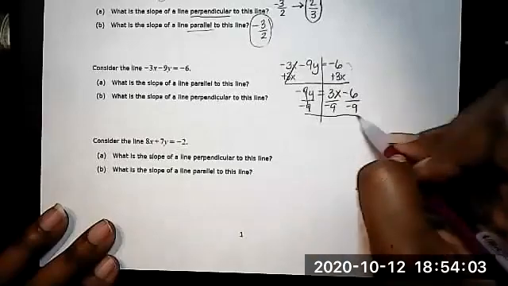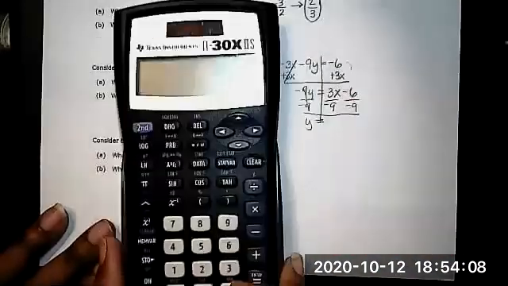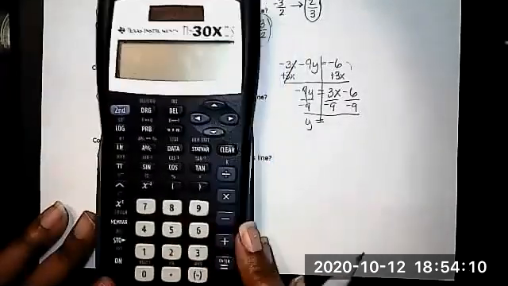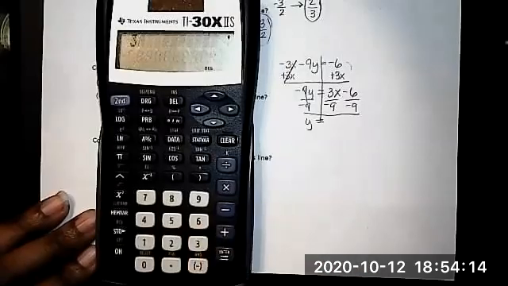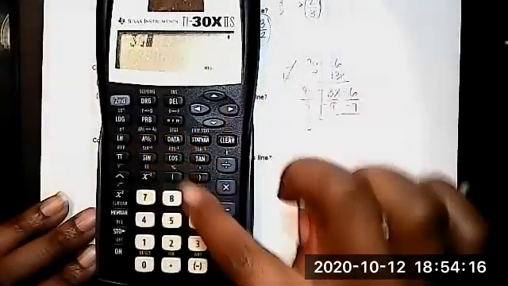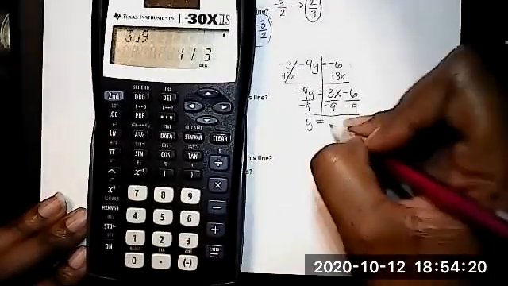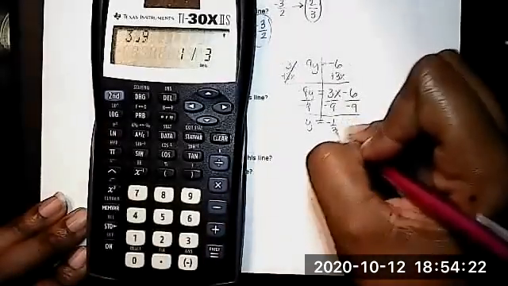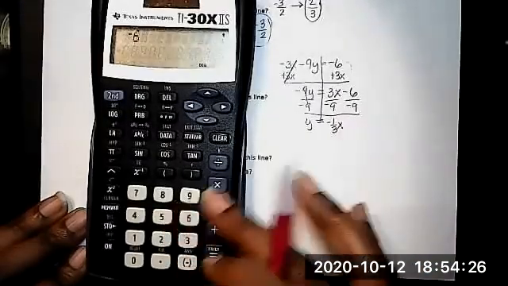Okay. So y equals, and of course, if you feel uncomfortable, you just want to put 3 divided by 9, which becomes 1/3. You know that's -9, so it's -1/3 x. These two really don't matter, but we'll say -6.